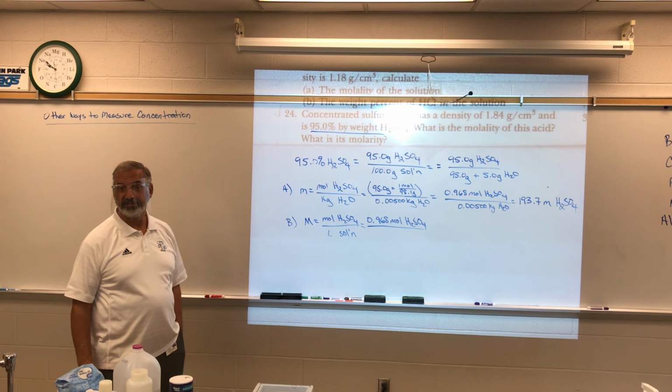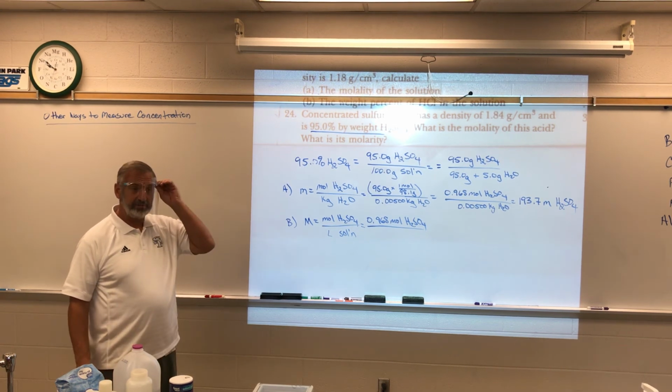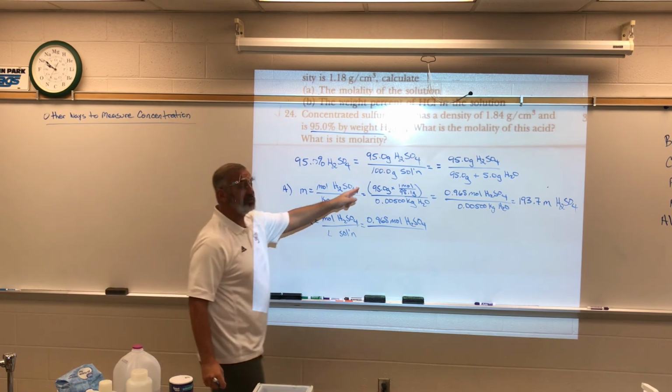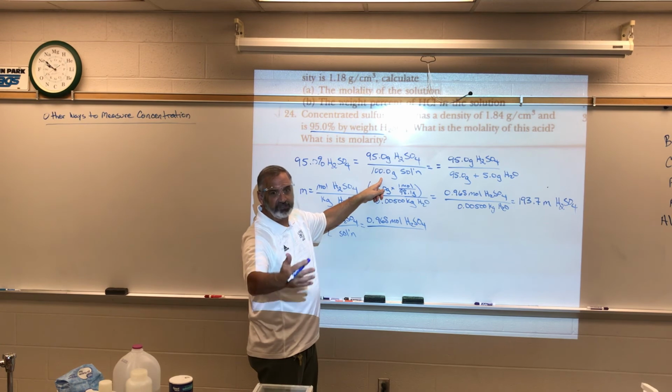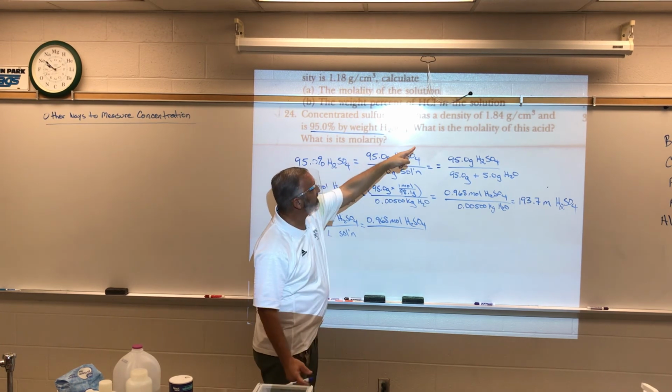The density. Again, what do we know about the solution? It's 100 grams, right? Well, what's the conversion factor between grams and volume? It's going to be the density.